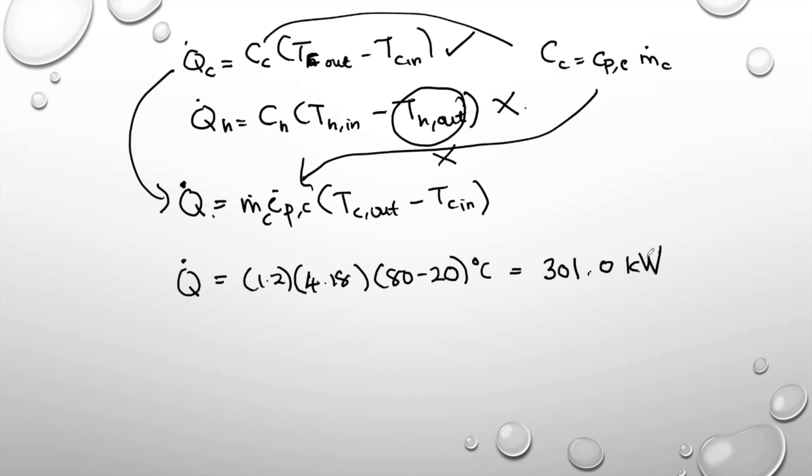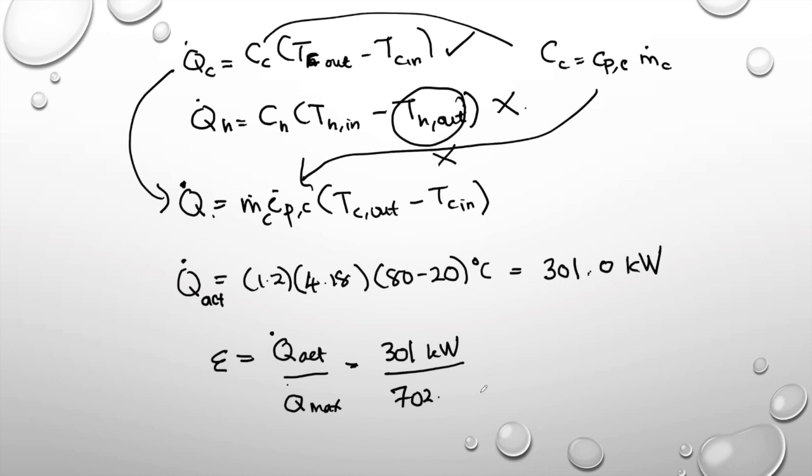So that's why the hot water will have the same Q dot value. After we know this Q dot is Q dot actual, we can calculate the effectiveness epsilon, Q dot actual divided by Q dot maximum. So Q dot actual is 301 kilowatt divided by 702.8 kilowatt, and we get the value of 0.428.